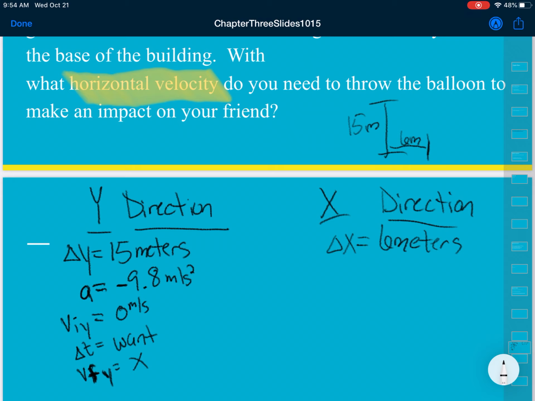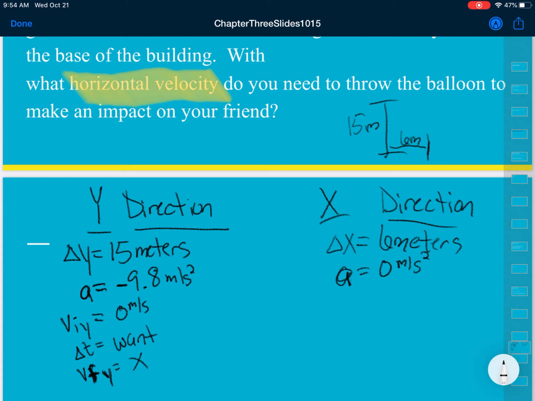Let's come over here to our x direction. Acceleration in the x direction is going to be 0 meters per second squared. We are assuming that we are moving at a constant velocity, which means we are not accelerating and we are not decelerating. So there is no acceleration and no deceleration, so my acceleration is 0.